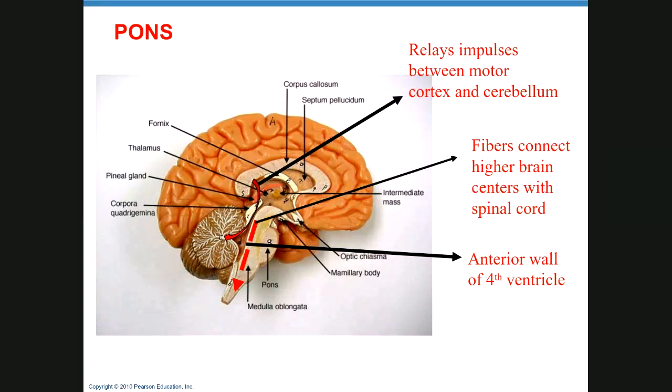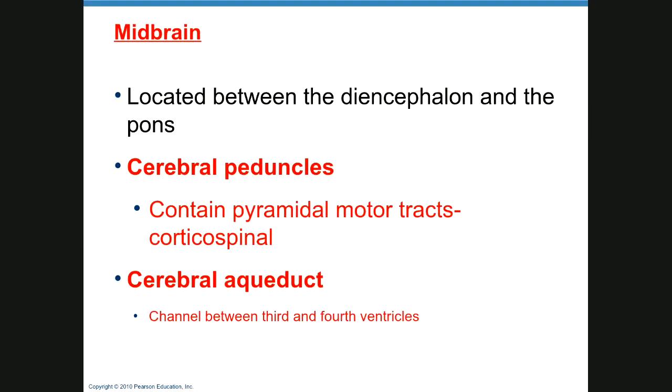Within the mesencephalon, on the posterior aspect, you can see this little passageway, which is the cerebral aqueduct connecting the third ventricle to the fourth ventricle. So the cerebral aqueduct is part of the midbrain. So we have the cerebral peduncles and the cerebral aqueduct.